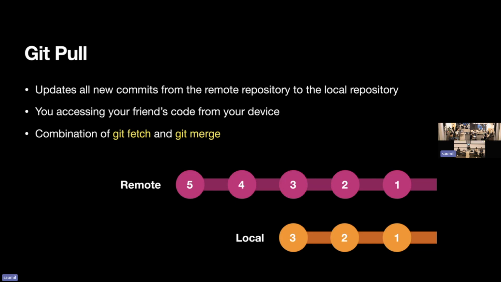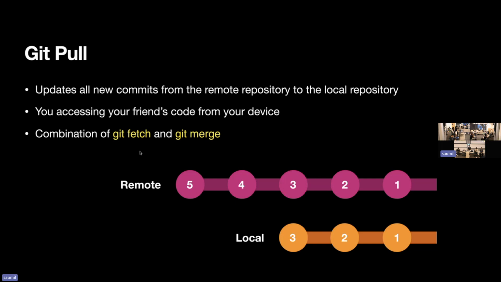It takes all of the new commits from the remote repository. Over here, if we compare remote and local, we see that commit 5 and commit 4 are new, so you want to pull these two commits down to your local repository.